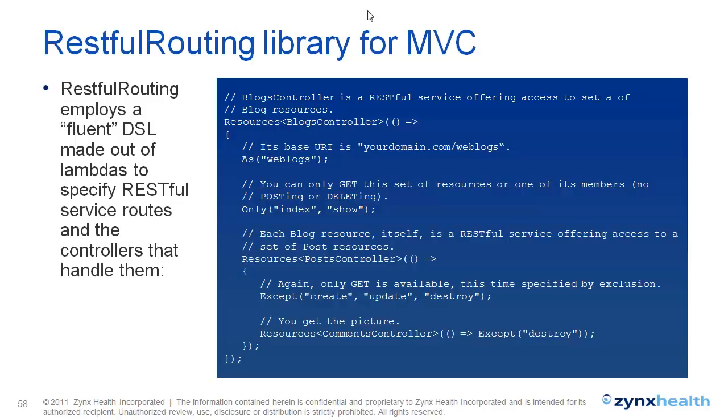So what's happening here, and once again we're illustrating the blogs domain, which actually is different from the domain I'll be doing the demo with. Here we have a declaration of a set of resources that are handled by a controller called the blogs controller. And within that set of resources, for one thing, we are making an alias so that in the actual URL you could use /weblogs rather than /blogs.